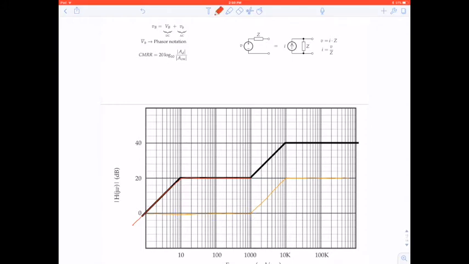We would like this curve to remain flat for all the high frequencies, so that at these higher frequencies one stage has a gain of 20 dB and the other stage has a gain of 20 dB, and these sum up to the 40 dB that you see here.